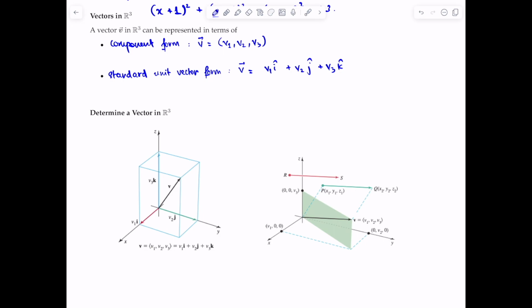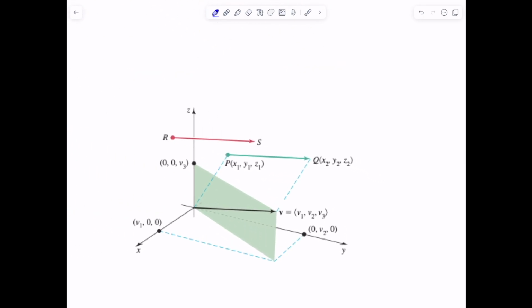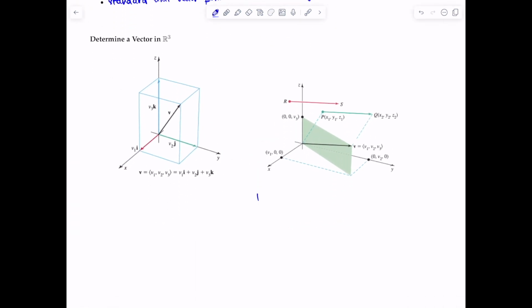Now, to determine a vector in three dimensions given the initial point and the terminal point, we're going to perform very similar calculations as we did for the two-dimensional vector. That is, given the initial point P equal to (x1, y1, z1) and the point Q equal to (x2, y2, z2), we can calculate the vector PQ as follows: ⟨x2 minus x1, y2 minus y1, z2 minus z1⟩.